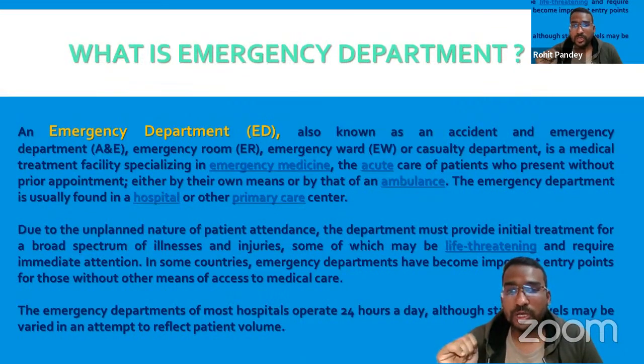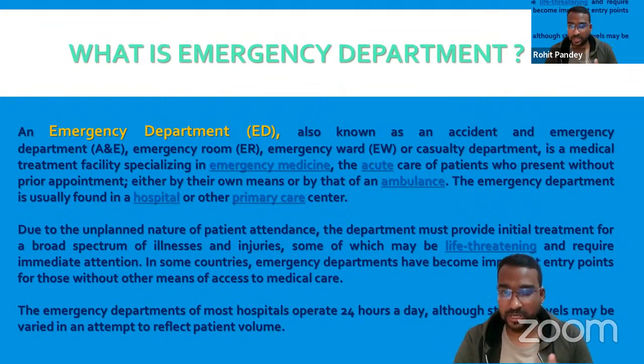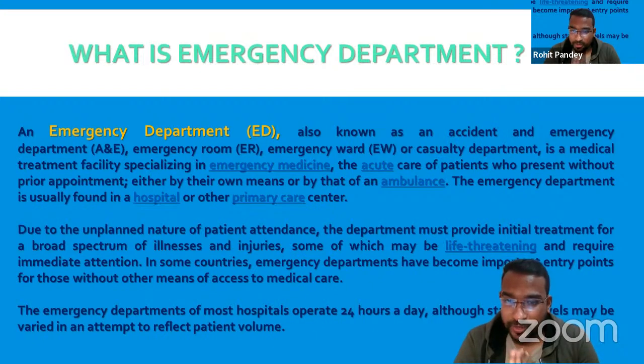They try to stabilize the condition, and they move that patient to another department once the patient's condition becomes stable. Because in the emergency department sometimes there are few patients, and sometimes there are a lot of patients.